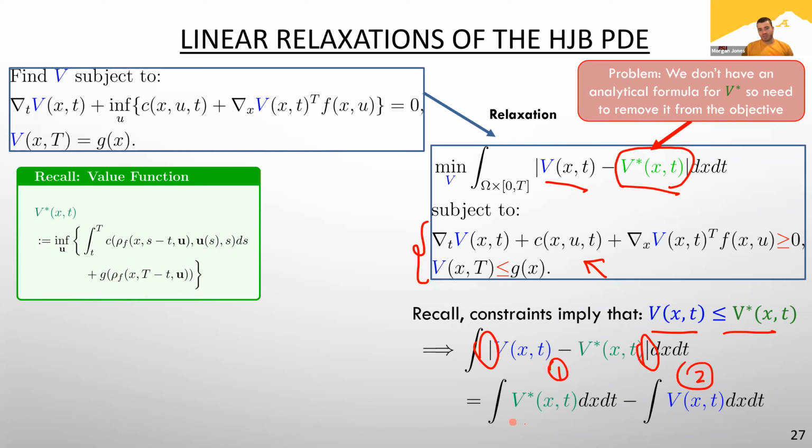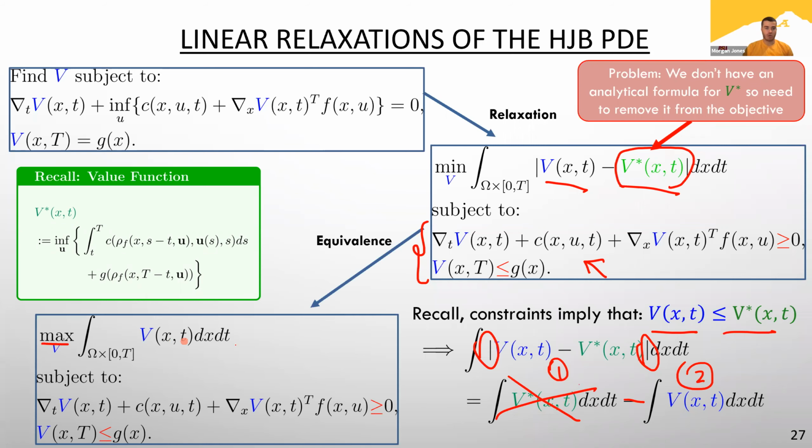The first component is just a constant because it just involves the value function. So we can actually remove this from the objective function. And rather than minimizing over the negative of the integral of V, we equivalently maximize over the integral of V. Now we have an optimization problem that's linear in the objective of our decision variable, which is a function.